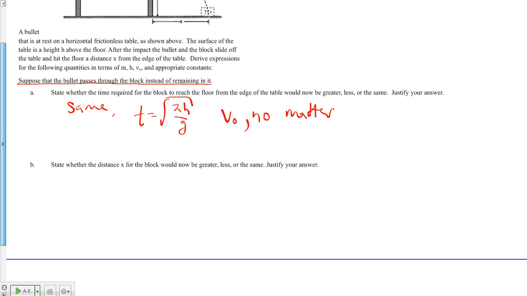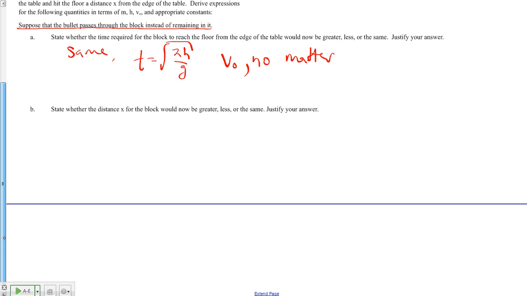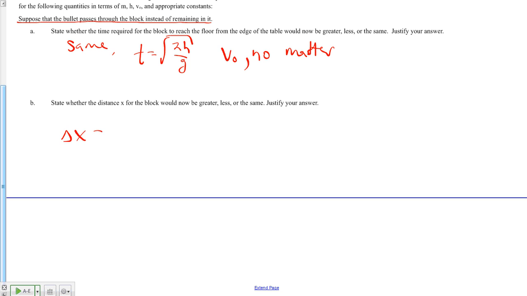Now the distance the block would go, greater or less or the same? We look at our equation for distance. That is affected by v naught. So according to our equation, v naught over 101 times the square root of 2h over g, if the bullet goes through it, does v naught change? How does it change? Does it go faster? Slower. It goes slower. Why?